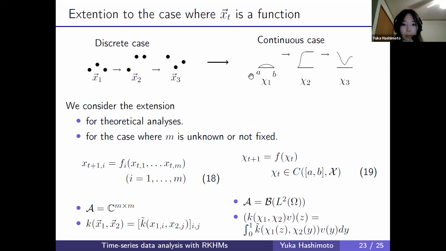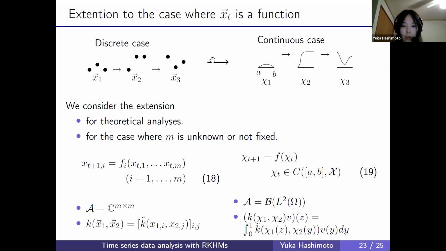Finally, we explain our ongoing work. We consider extending the discrete setting to the continuous setting. So far, we have considered finite elements in dynamical systems.